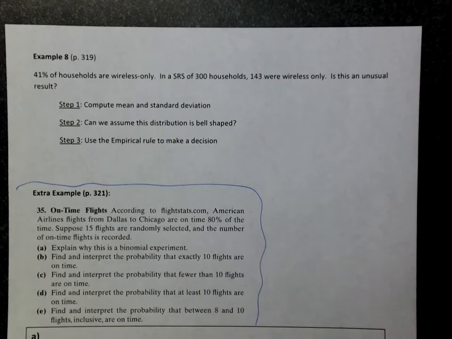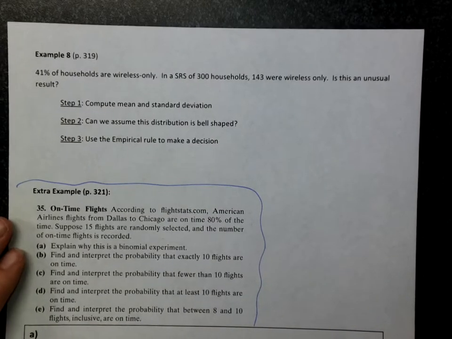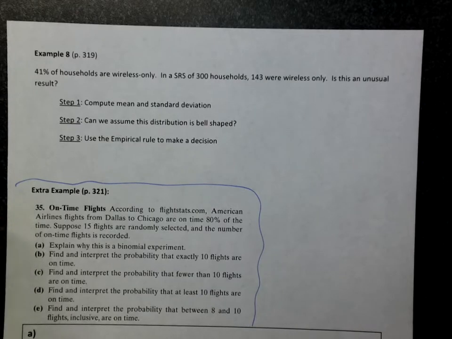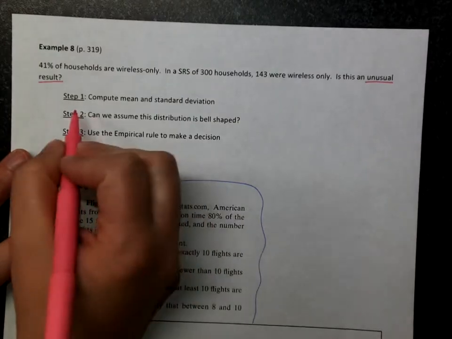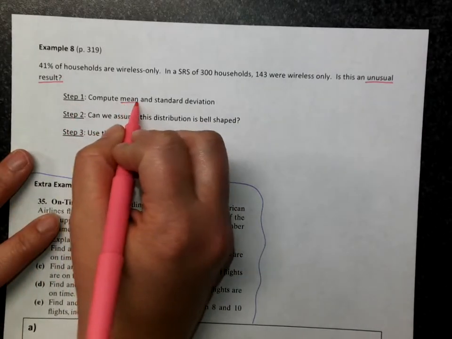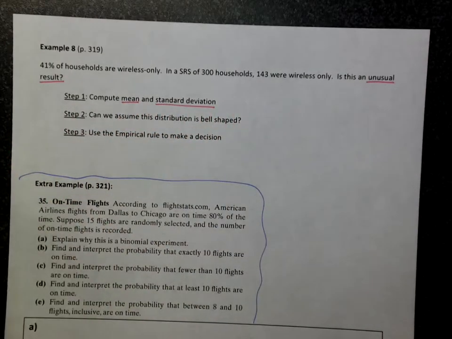41% of households are wireless only. In a random sample of 300 households, 143 of them were wireless only. So they actually went out, took a sample, and figured out that 143 were wireless only. The question is, is this an unusual result? The first thing we need to do is compute the mean and the standard deviation.